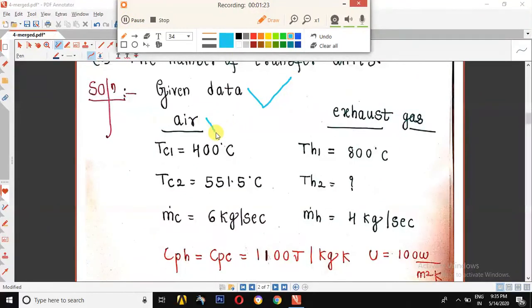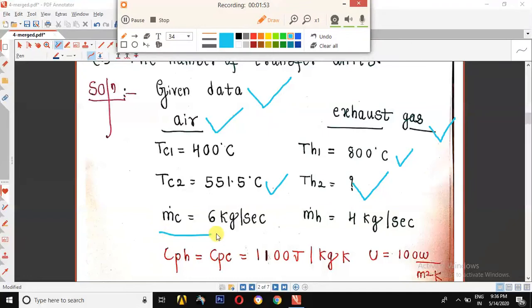Given data, air: the inlet temperature of the air is 400 degrees Celsius and the outlet temperature of the air is 551.5 degrees Celsius. As the air temperature is increasing, therefore air is treated as cold fluid and the exhaust gas is treated as hot fluid. The inlet temperature of the exhaust gas is 800 degrees Celsius and the outlet temperature is unknown.